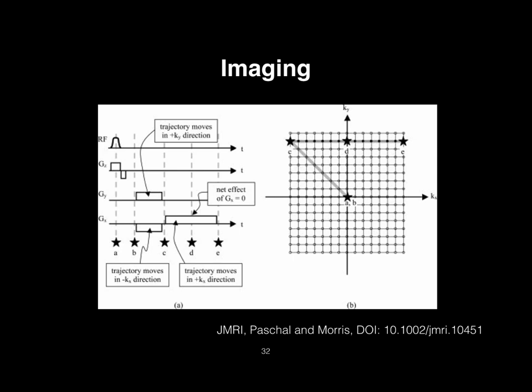In this domain, this spacing here actually is what determines your field of view. So if you have a small spacing here, it turns out you have a very big field of view. And if you have a large spacing here, it means your field of view is very small. And how far you go out in kx and ky determines your resolution in those dimensions.